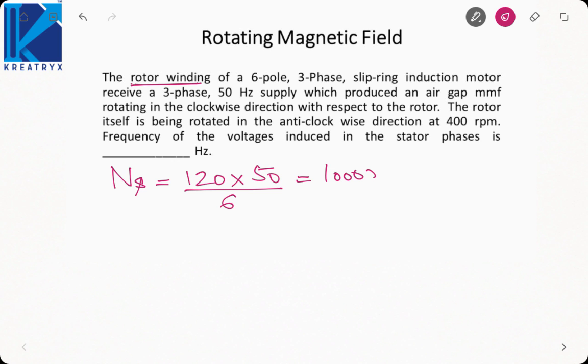That is 1000 RPM. So this is the speed of magnetic field with respect to rotor. As I told you, the speed is with respect to the place where the winding is wound. Here the winding is on rotor, so speed is with respect to rotor. Now, this is the case of an inverted induction motor.